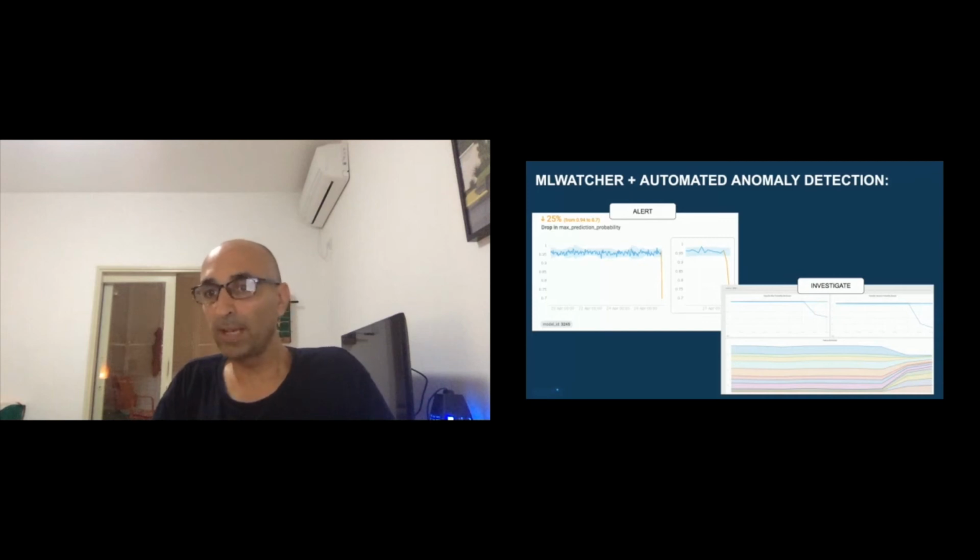So what I know about our system is that you can feed it hundreds of millions of these time series, and you would still get very accurate anomaly detection on all of this data, no matter how it looks. This is what our customers use it for. Most of our customers don't use it for monitoring machine learning in production.